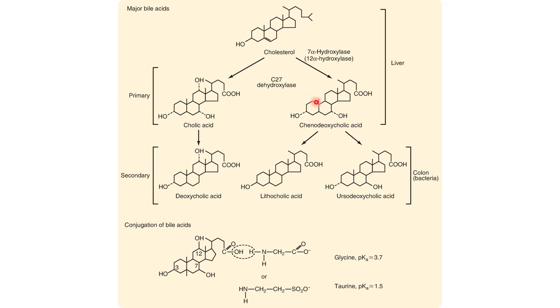But remember that bile flows through the rest of the gastrointestinal tract where it serves its function as an emulsifying agent for the fat so that it can be absorbed, but at the same time as a toxic substance for bacteria. But there are bacteria in the colon that continuously modifies the bile pigment or bile acid into the secondary bile acids. So yung primary bile acids gawa ng atay, yung secondary bile acids gawa ng colonic bacteria.